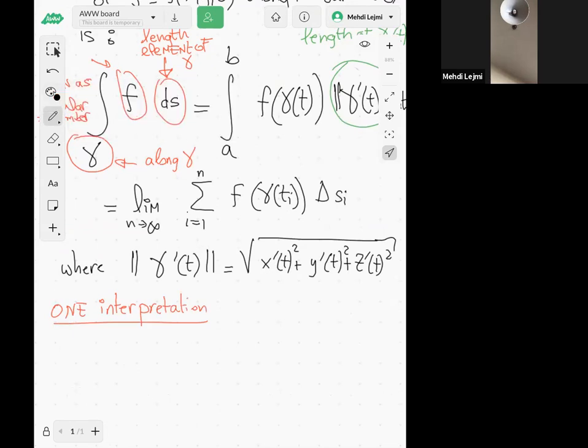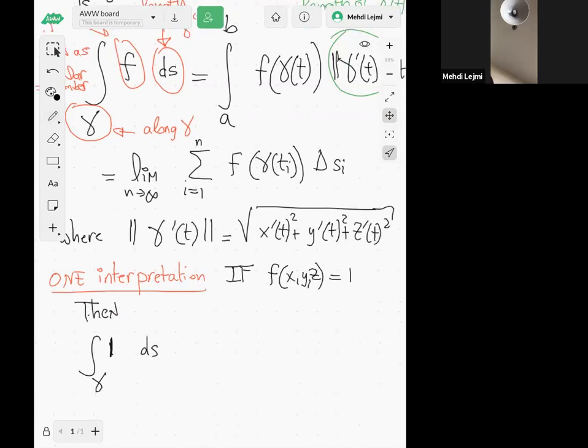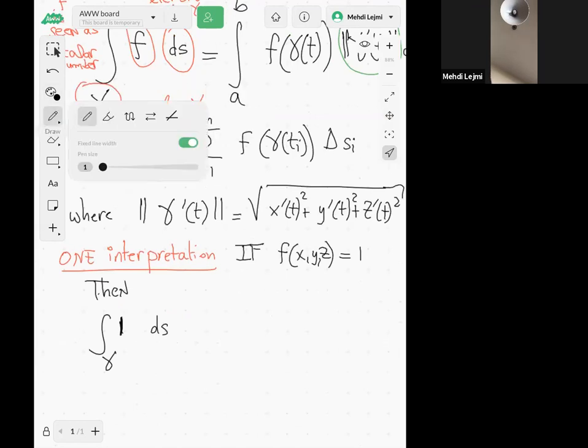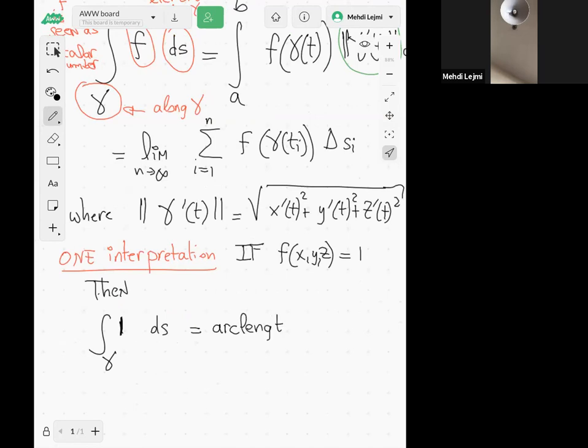If this function f is the constant function 1, that is, f of x, y, z equals 1, then this scalar line integral, the integral of 1 ds along gamma, will be equal to the arc length of gamma, which is the integral from a to b of the length of gamma prime of t dt.